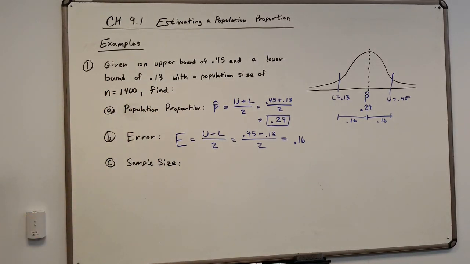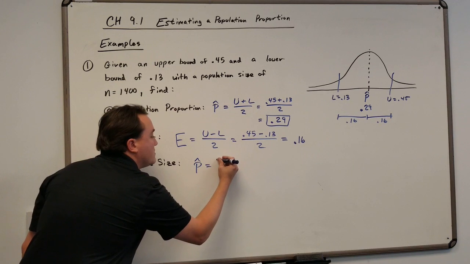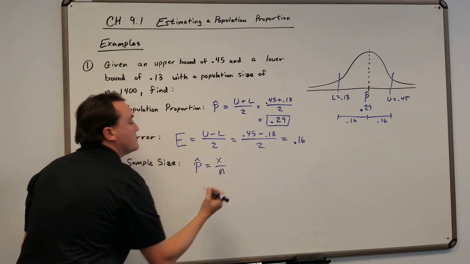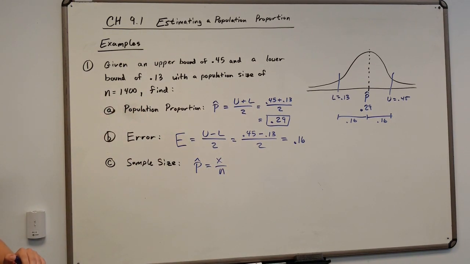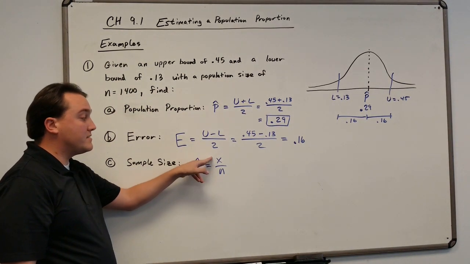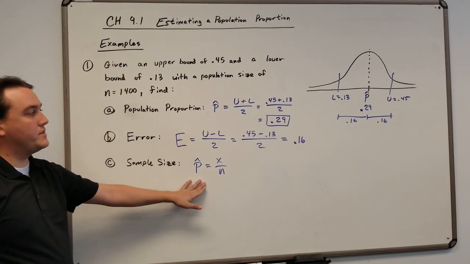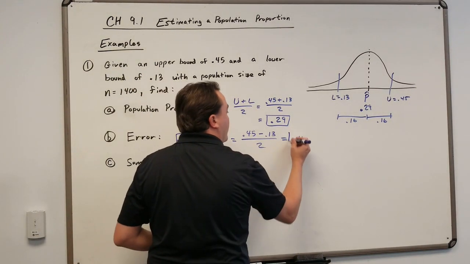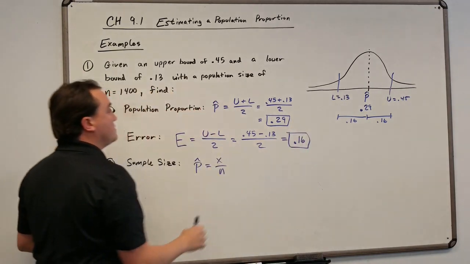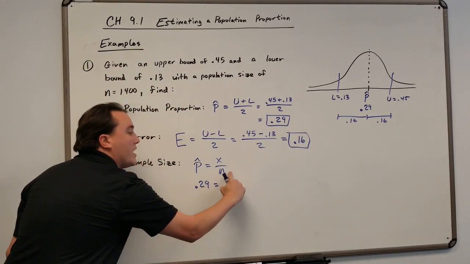And then we want to know the sample size. So the sample size is going to be given to us by this equation. Okay, so remember, this is just a proportion of the people that said yes divided by the total number of people. Now we have two of these numbers. We have the 0.29, and we have the population size.